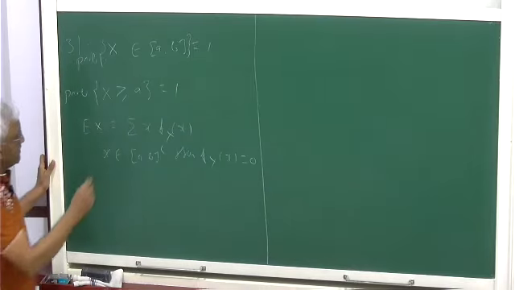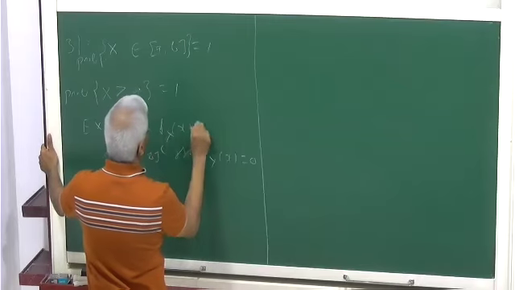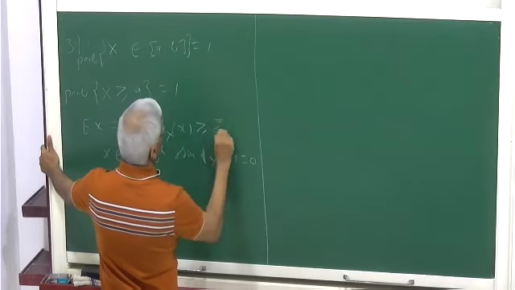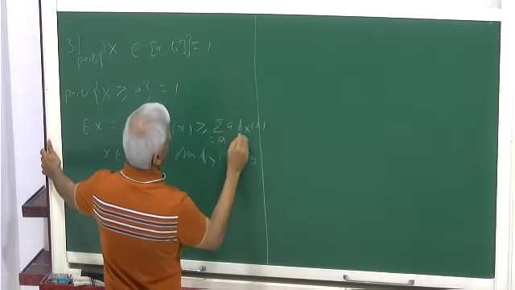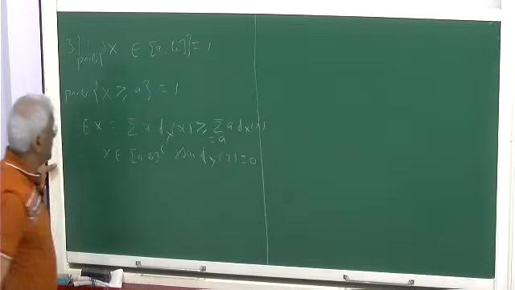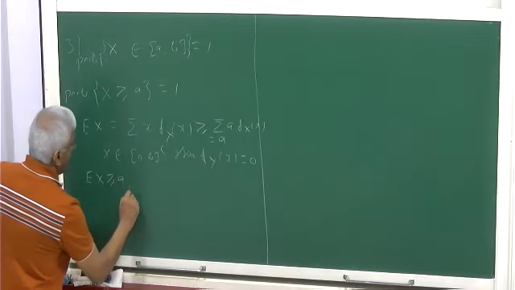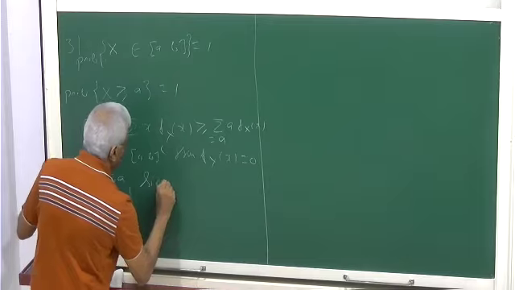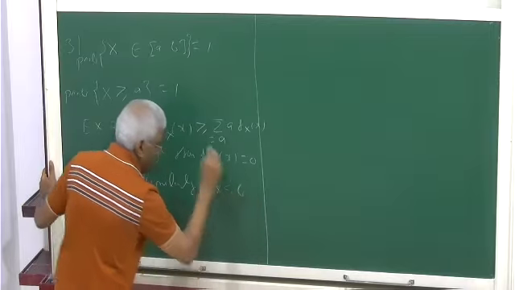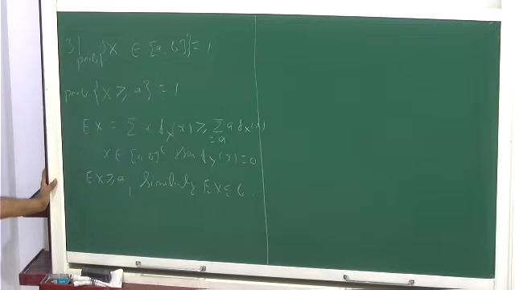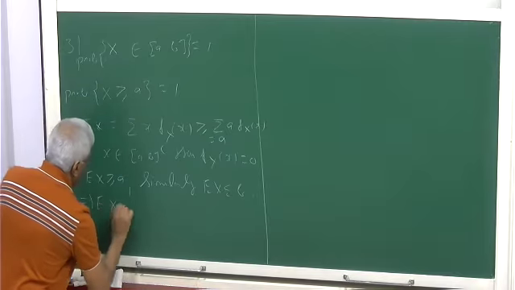Because of that, this is greater than or equal to the summation of a f_X(x), which is a times 1, which is just a. So E of X is greater than or equal to a. Similarly, E of X is less than or equal to b. You can use the same argument. So E of X is in [a, b].